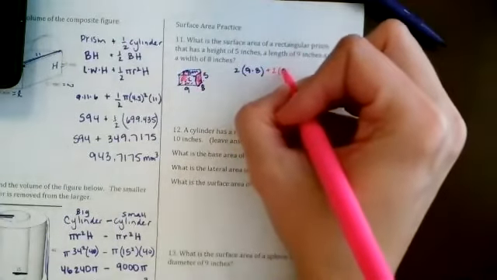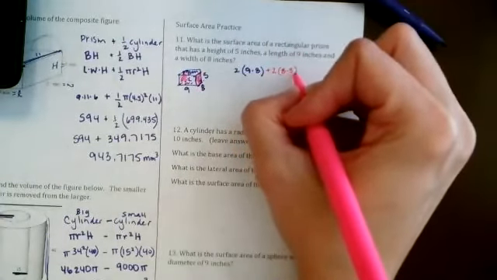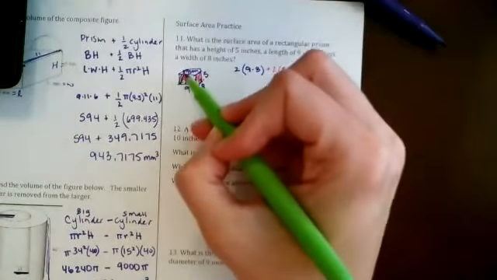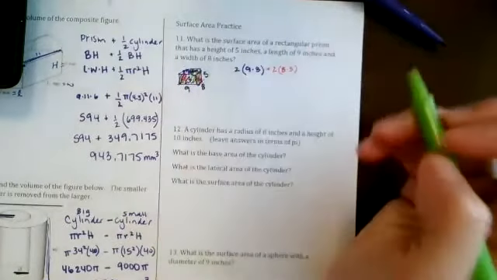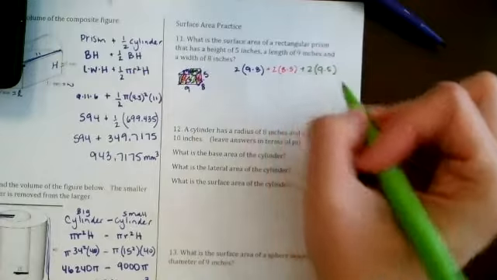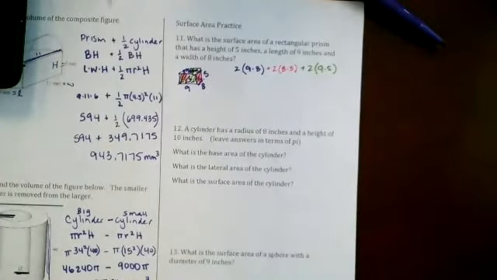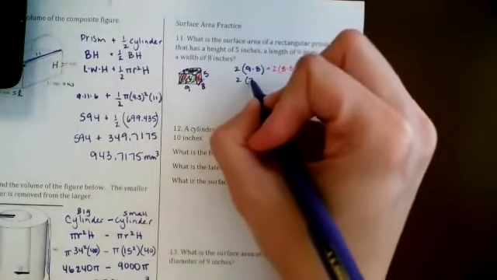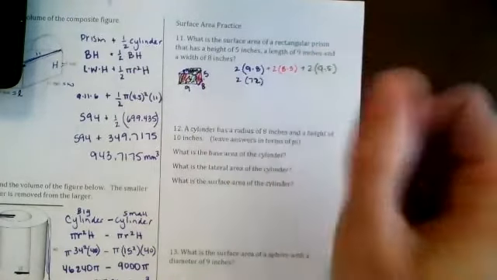And those are 8 times 5 or 5 times 8. And then you have another one. You have the front and the back that are the same. And those are going to be 9 times 5. Okay. So then we're going to multiply all these together. So I have 2 times 72.